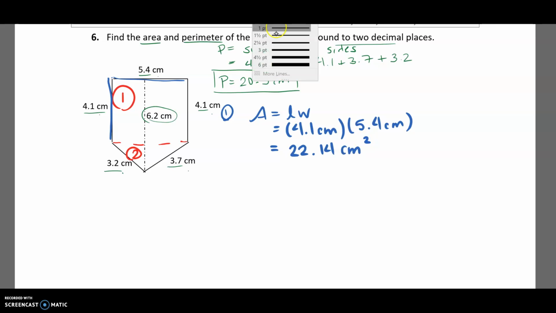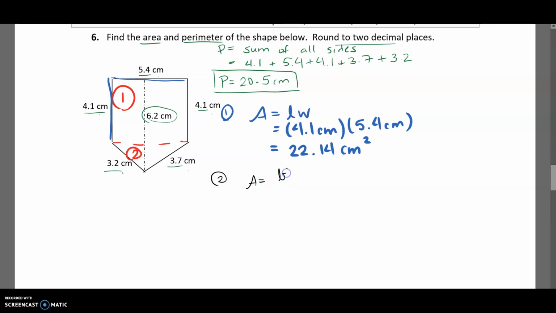Next, I can find the area of the second shape, my triangle. The area for a triangle is the base times the height over 2. The base of my triangle is here, which is 5.4 centimeters, just like the width of the rectangle. This measurement here at 90 degrees to the base is my height, and I'll need to calculate that.